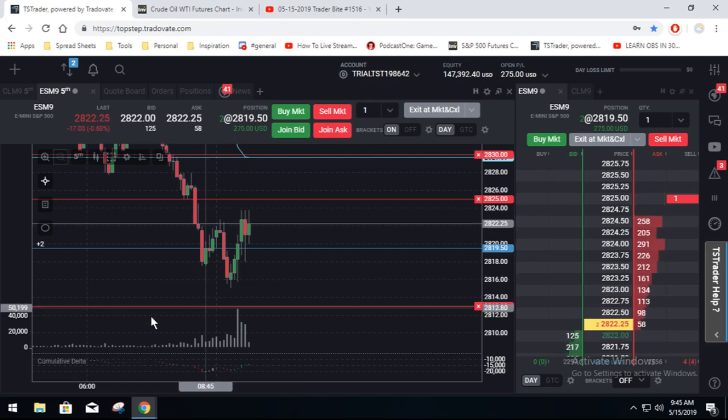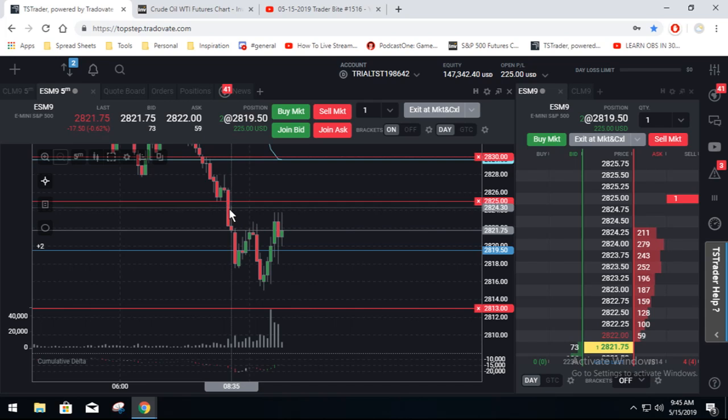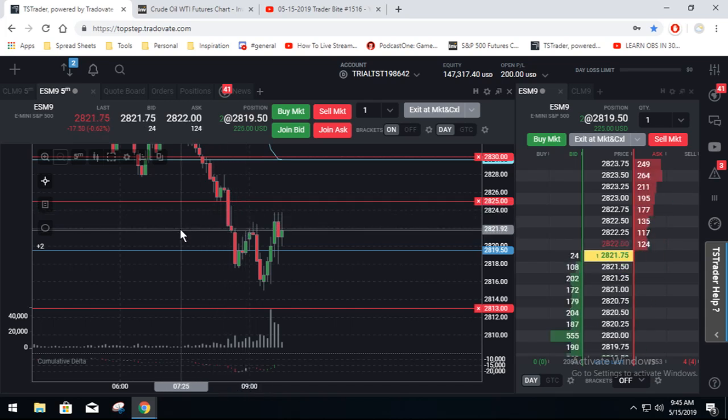Just need this hammer, which is the news hammer right there, to be cleared to be able to get out of one part of our trade.